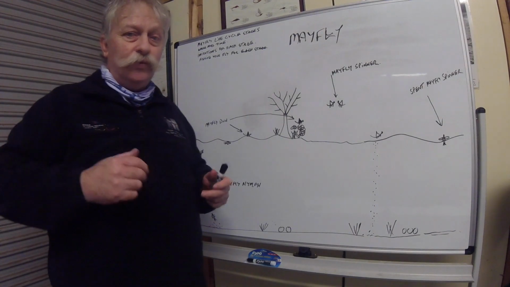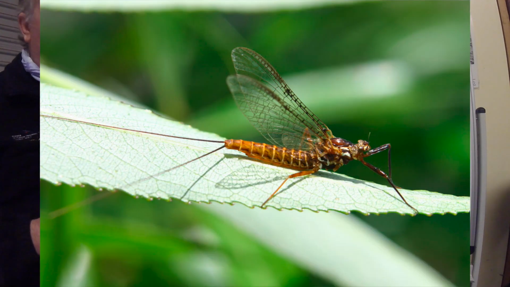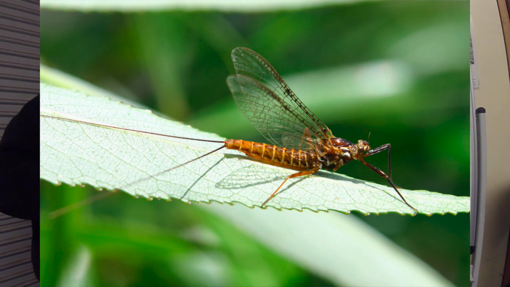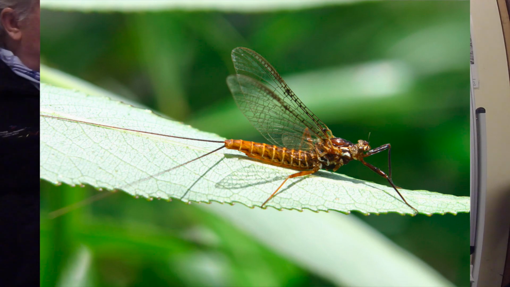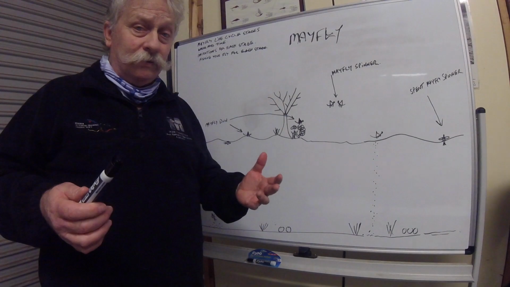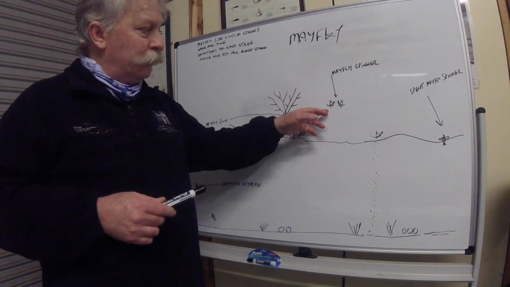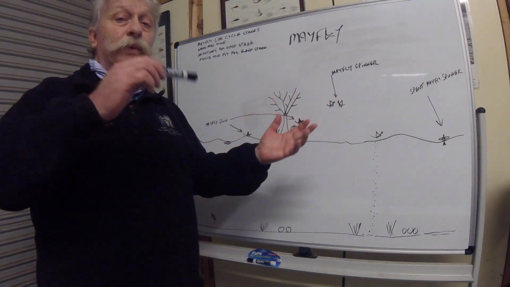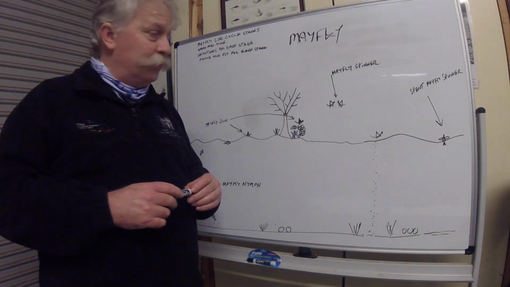Now, to identify the spinner, it'll have clear wings. All right, it'll be crystal clear wings, and that's the easy way to identify a mayfly spinner. Now what that spinner does, the male and the female, their only intention is to mate and to reproduce. So they'll fly in the air and you'll see them in the act of reproducing.